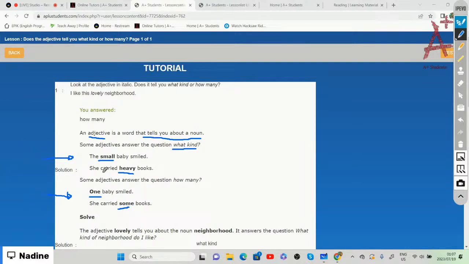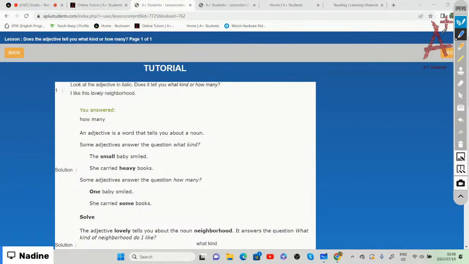Once again, an adjective that tells us how many doesn't necessarily have to be a number. It does not have to be 1 book, 2 books, 10 books. How many can also be, for example, some books. So some can tell us any amount of books that she carried. If you describe it also as heavy, then maybe some books can be about 10 books that she carried. Just an example.